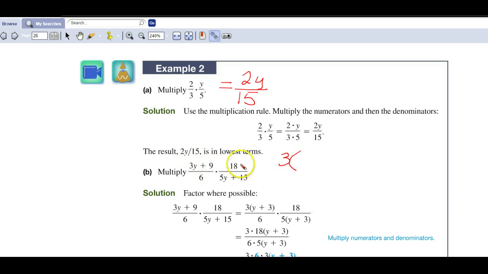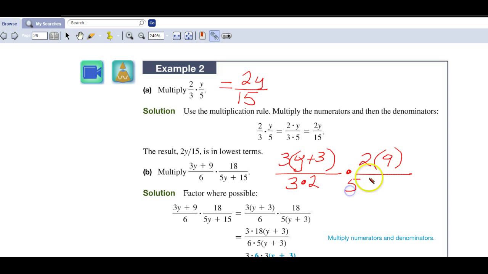So we can factor out the 3 there and get y plus 3 over, and I'm going to factor that 6, 3 times 2. And then this is going to be 2 times 9. And I could have factored that more, but I see that's probably all I can take out. And then here I can factor out the 5. Y plus 3. Okay.